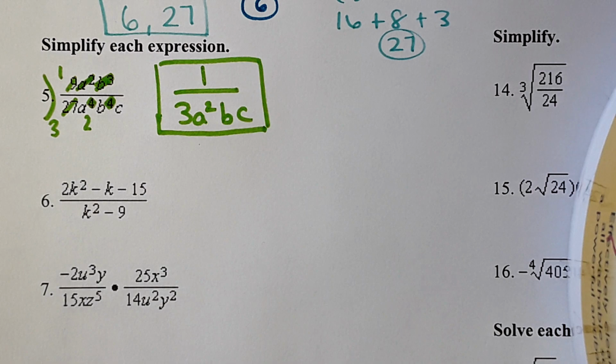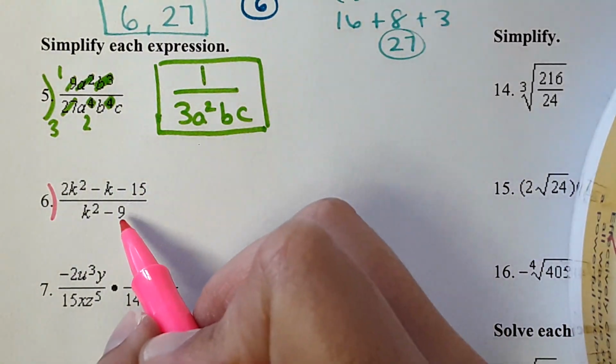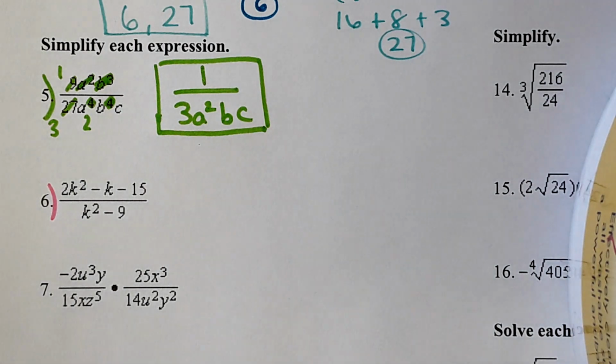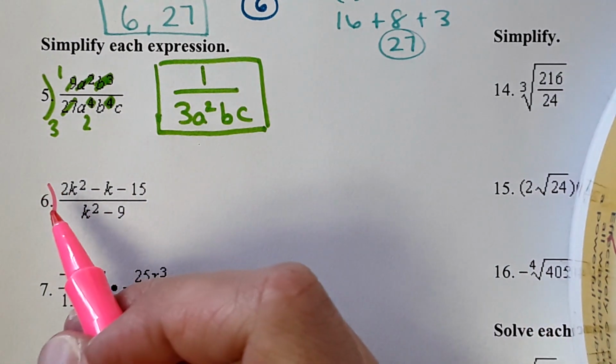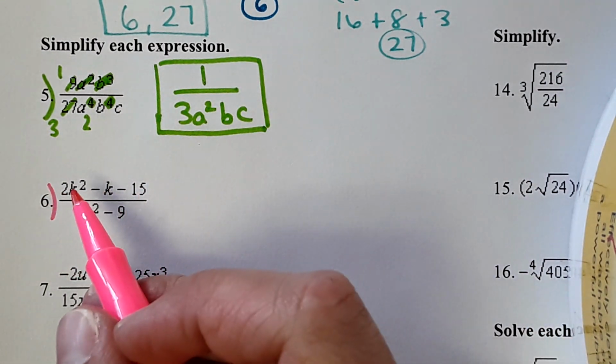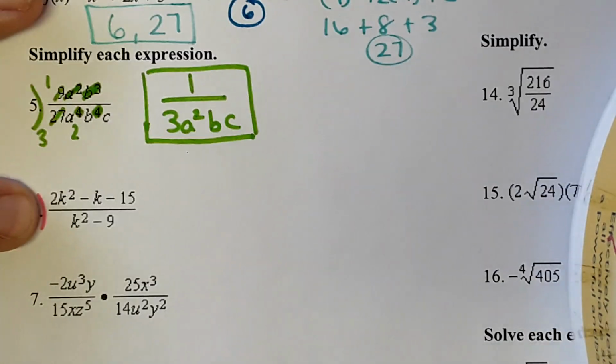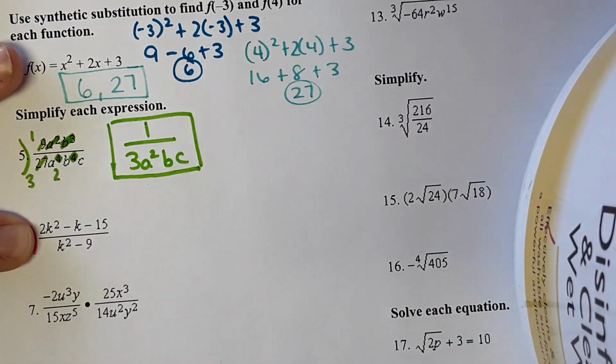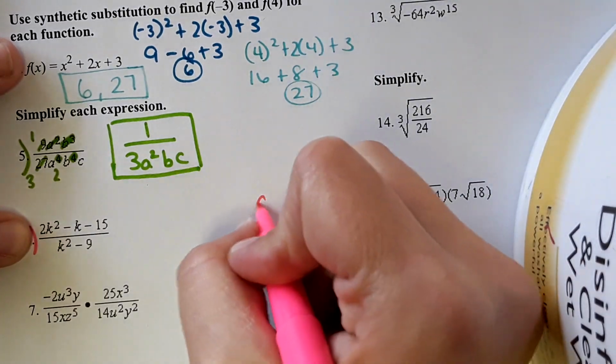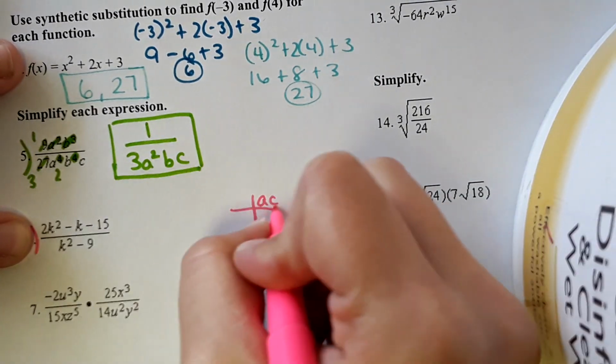Okay. Then number 6, we're going to break everything up into factors and then see what factors cancel out. So for this one, we're going to use that method that we reviewed yesterday, where you multiply a times c, and you have b.